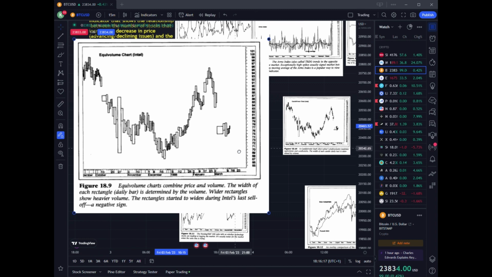Now we have the Equivolume, which is basically a sort of bar chart, but when there's a lot of volume, the bar just gets extended horizontally. So you can see this was an up candle, probably, because it's white, and it just had a lot of volume.